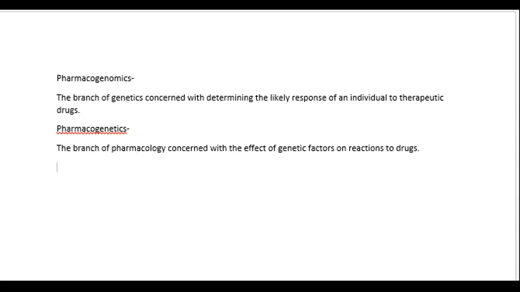So, what is this pharmacogenetics? It is also a branch of pharmacology that deals with how genetic factors affect reactions to the drugs. So you can see that there are almost similarities between pharmacogenomics and pharmacogenetics.